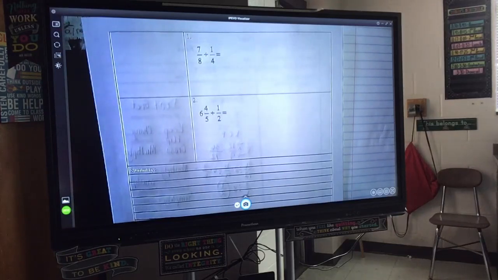So try it with the next one. Do your improper fraction and then divide straight across and see if it works. Okay.